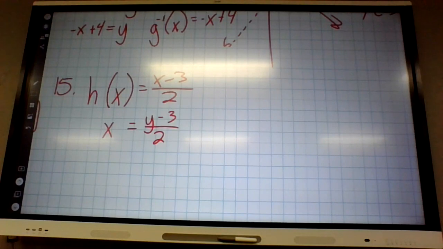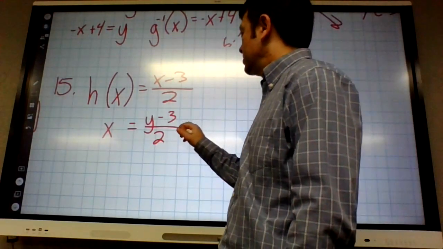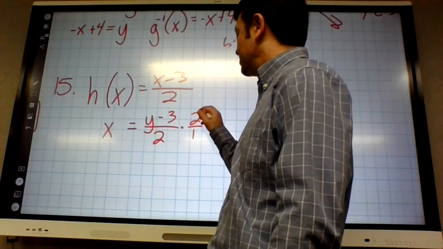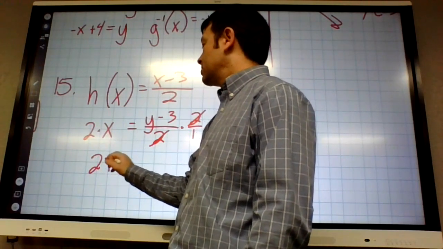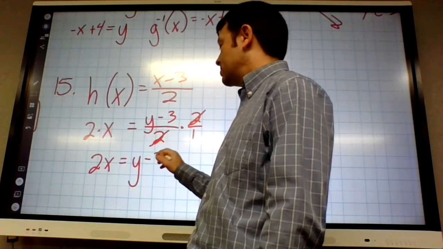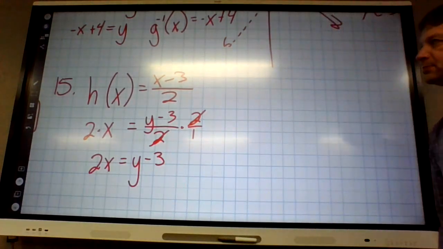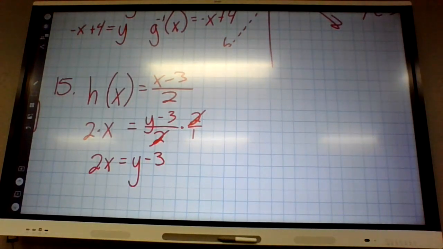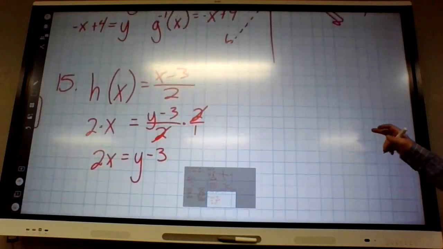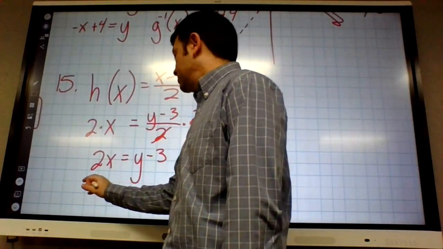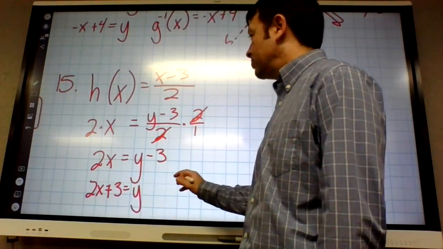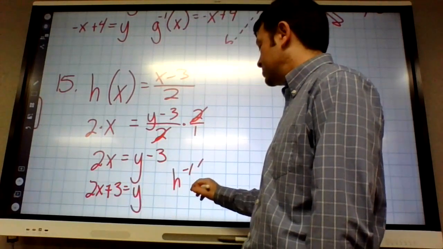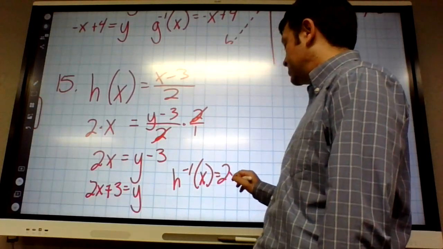To get rid of the divide by 2, we multiply by 2, so that just goes away. Then what? Plus 3. So y equals 2x plus 3, or h inverse equals 2x plus 3.